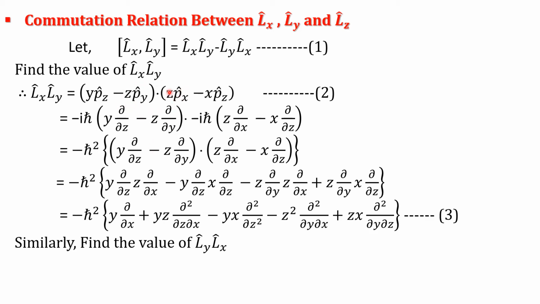We interchange the two brackets and write (z px minus x pz) into (y pz minus z py). Here also we put the value of the px operator, minus i h cross del by del x, pz as minus i h cross del by del z, and py as minus i h cross del by del y. Substitute all the values in the same manner and find the next term you get.